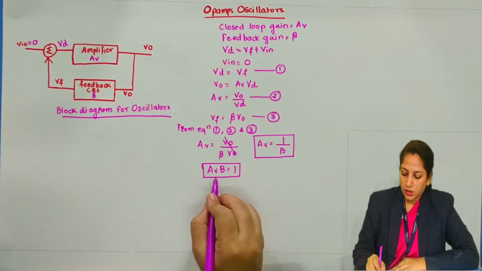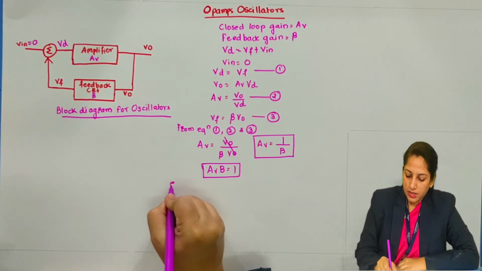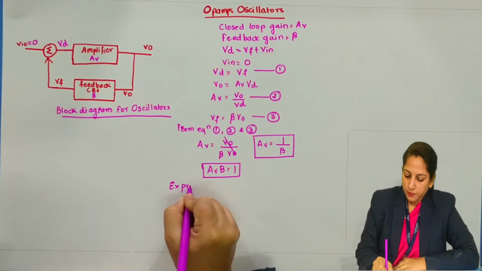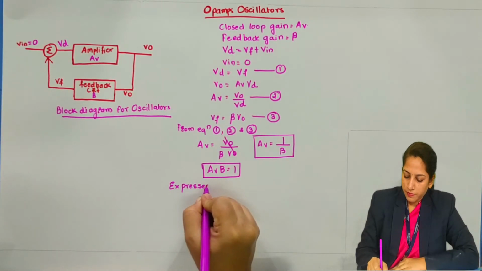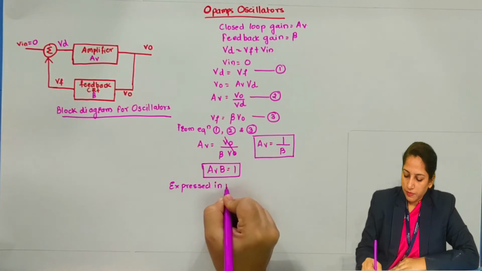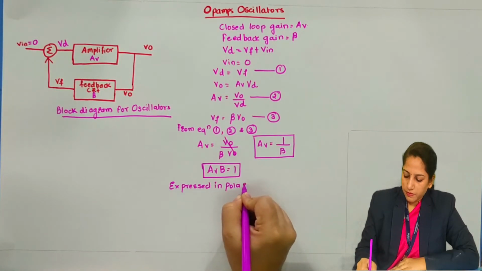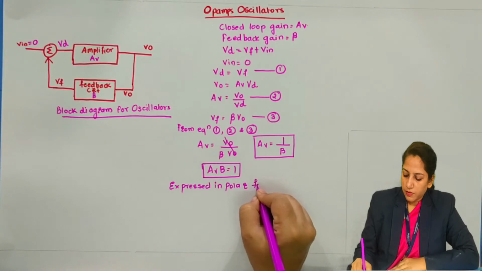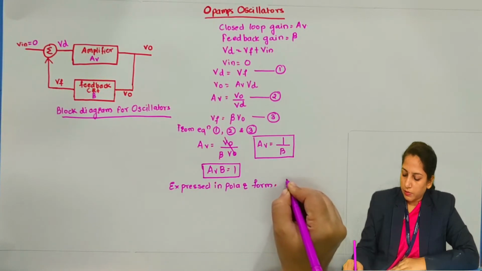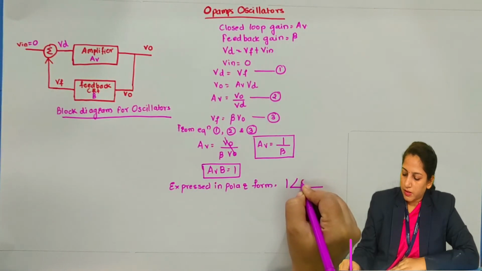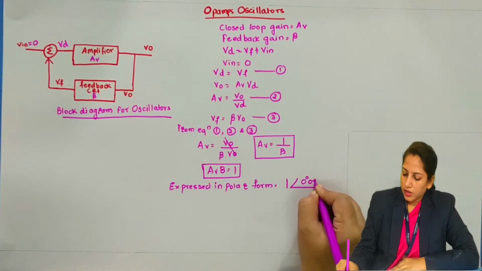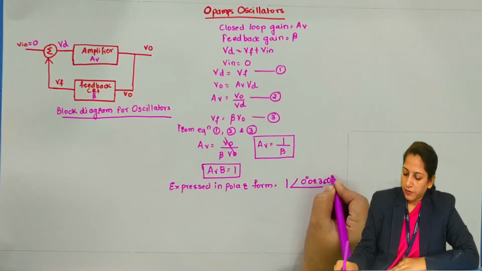From this equation I will express it in polar form. The magnitude will be 1 and the angle will be 0 degree or 360 degree here.